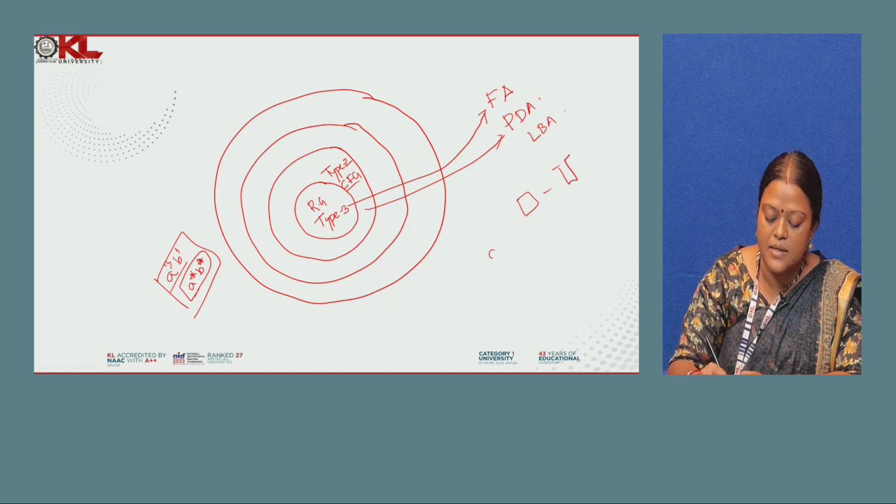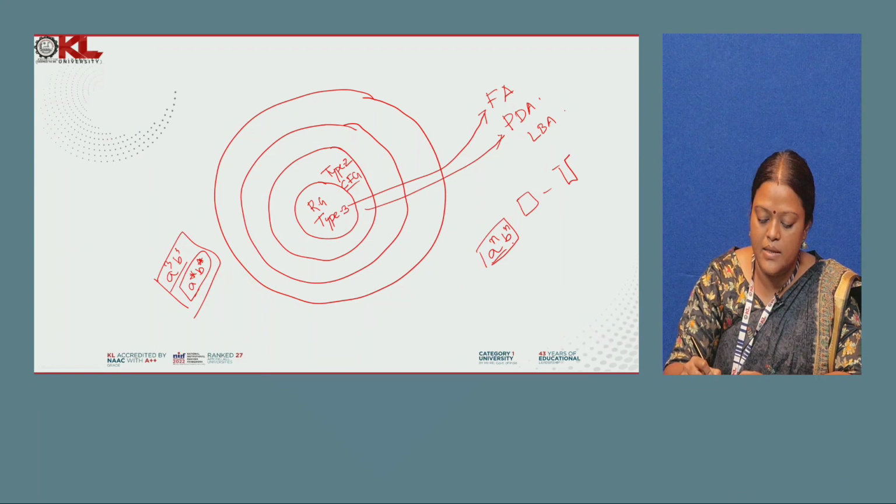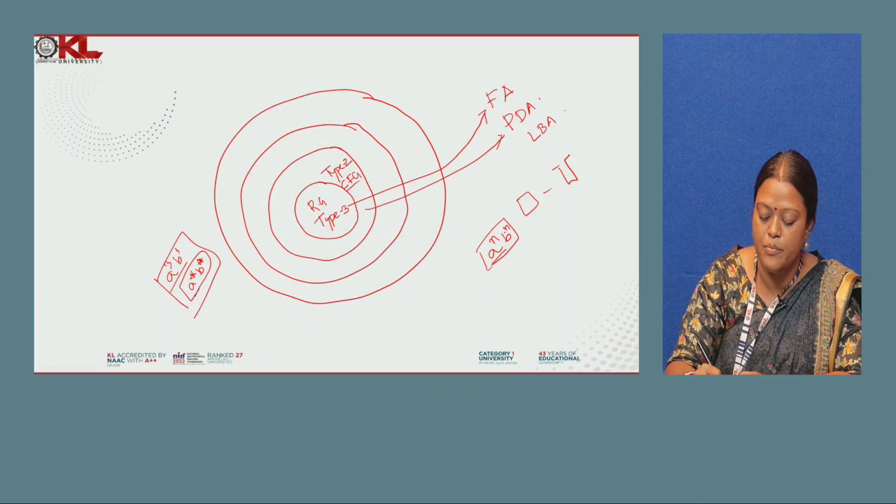Any calculation that can be done by a stack can be solved by PDA, like a to the power n, b to the power n. Because we have only two calculations, we can insert all the a's into a stack, suppose 3 a's, and then discard them against the b's at the end. This kind of example we have seen in PDA.